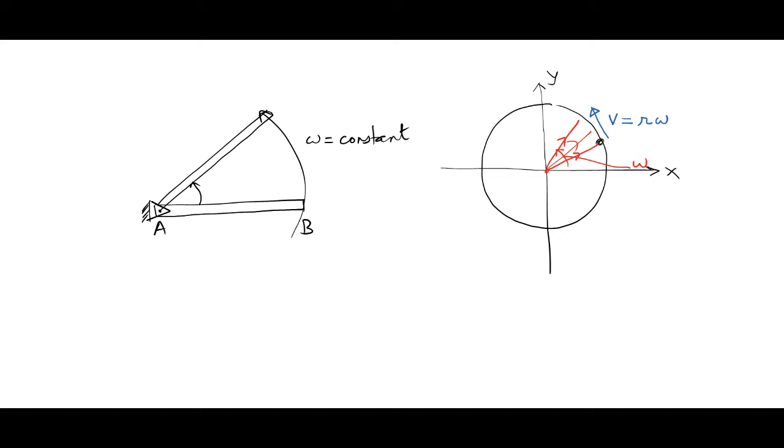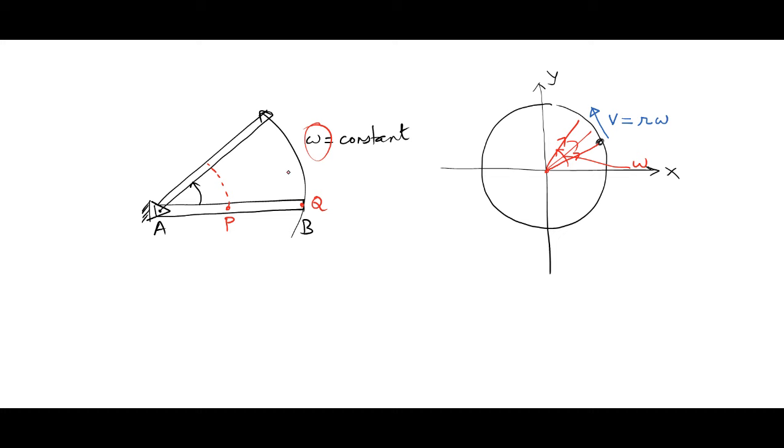So imagine that there are two particles, dust particles, which are on the surface of the rod. One of them is over here, I'll call it P, and the other one is over here at the end, I'll call it Q. Now both of these particles are moving in circular paths, they have circular motion.